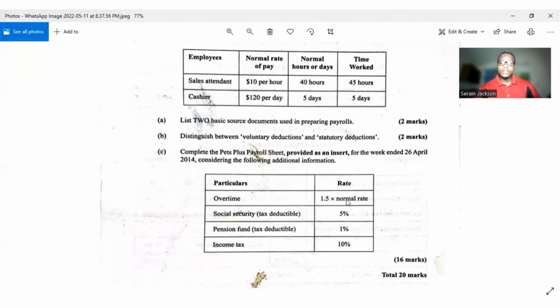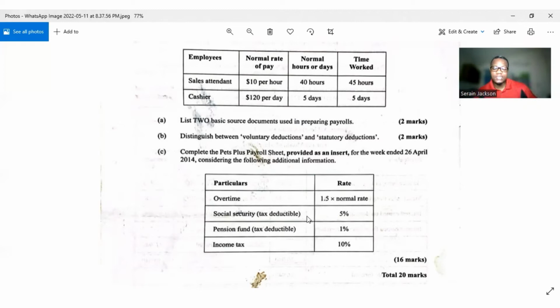But they give you the formula on how to calculate it here. Social Security, and they have in brackets here, tax deductible, 5%. Now, what it means when it says tax deductible, for Social Security and for pension fund, is that you are going to subtract this.